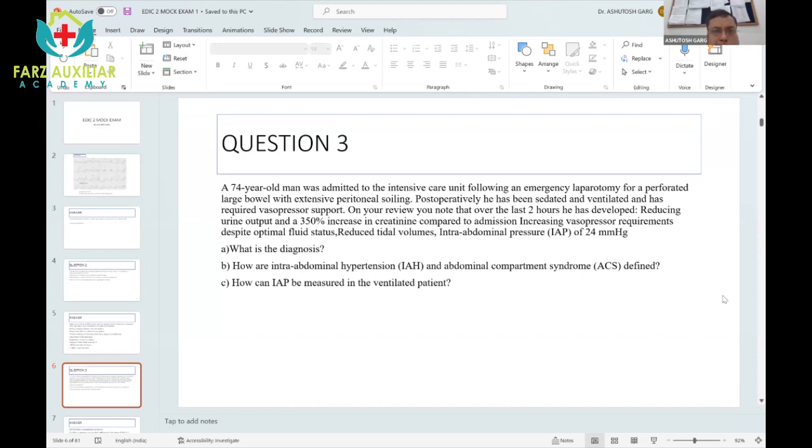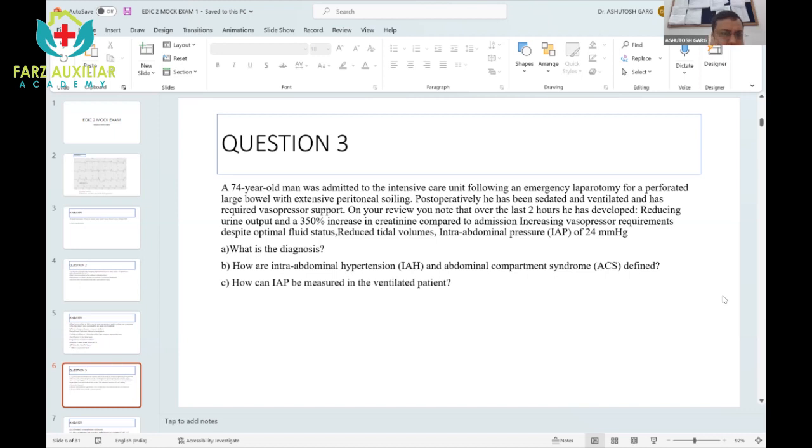So basically intra-abdominal hypertension is any pressure of more than 12 millimeters of mercury, but ACS will be anything more than 20 millimeters of mercury with evidence of end organ hypoperfusion, with or without the abdominal perfusion pressure being less than 60 millimeters of mercury.